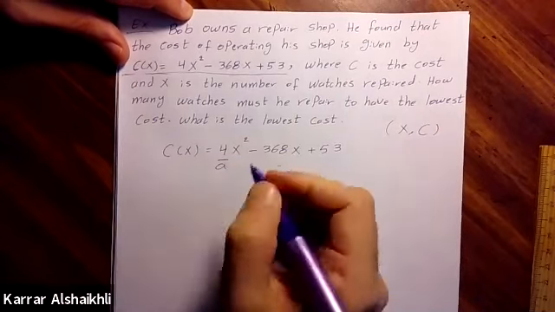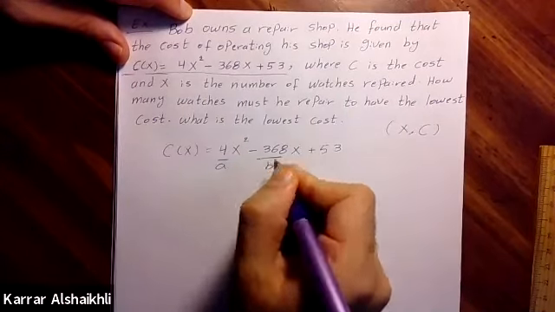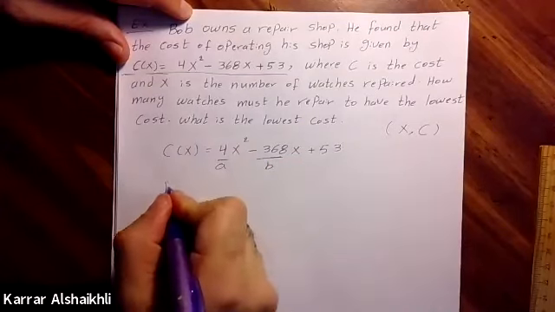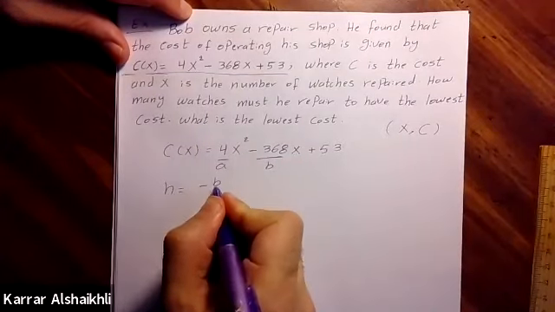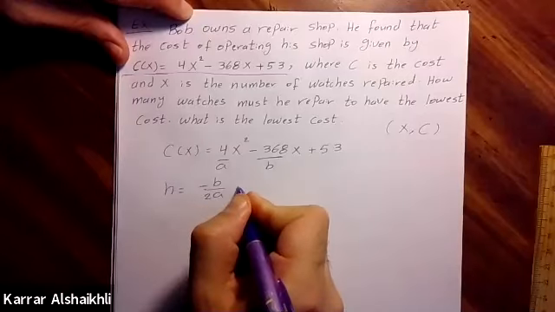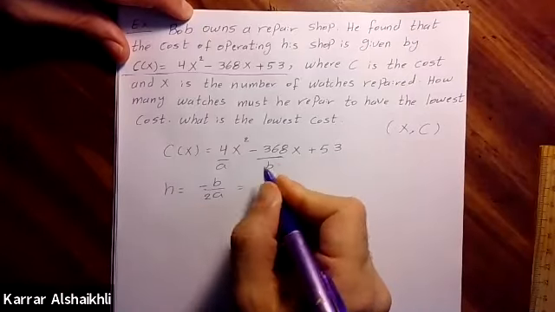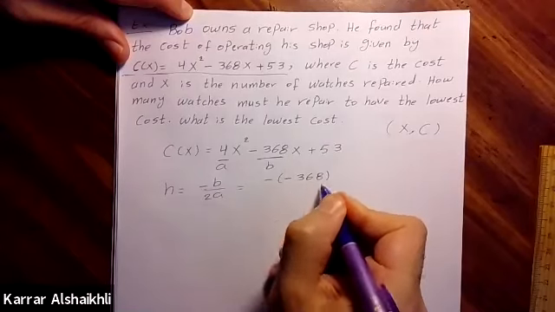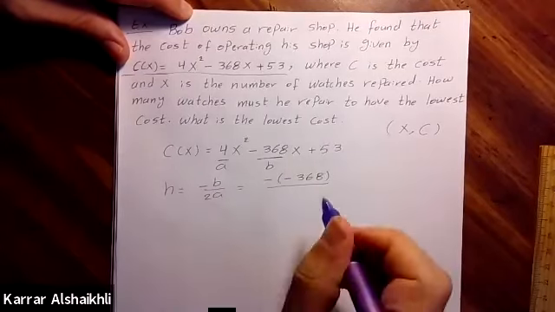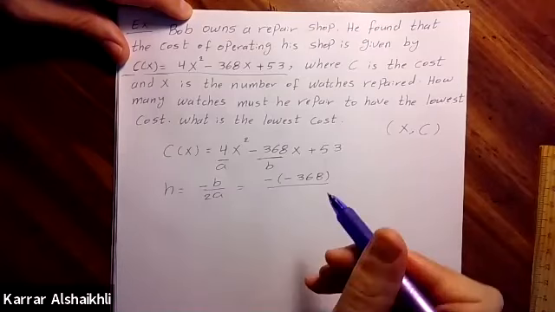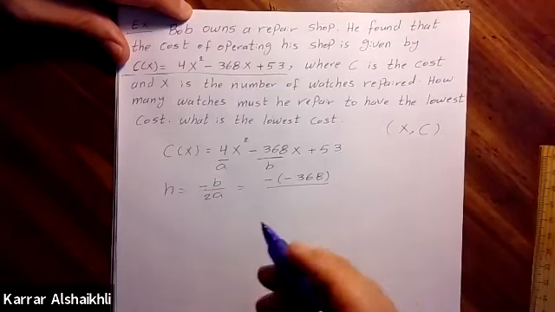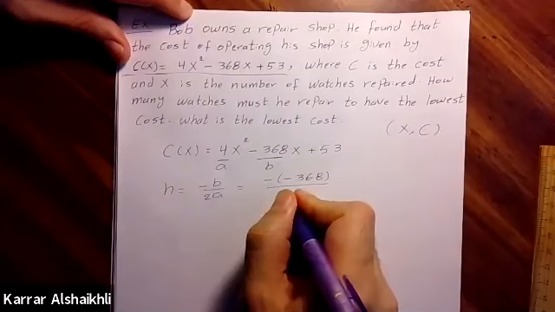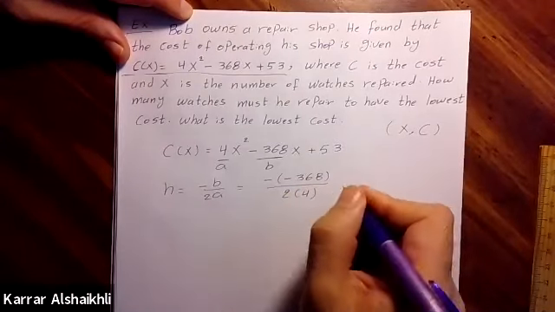This is the a and this is the b. So h is going to be equal to negative b over 2a. b is negative 368. Be careful with the sign. Over 2 times a, which is 4.